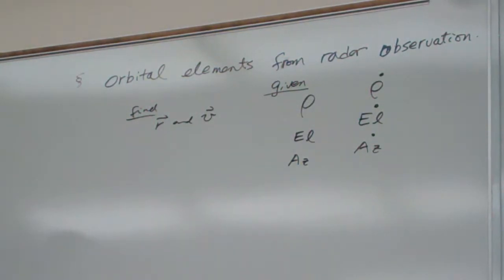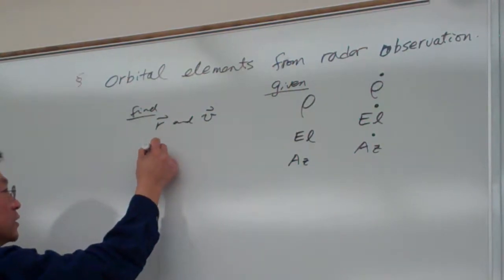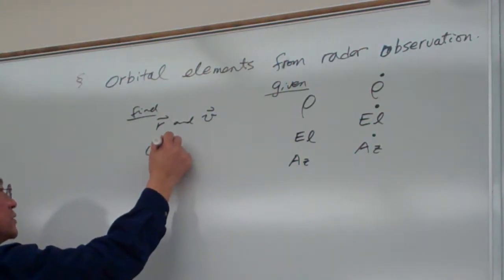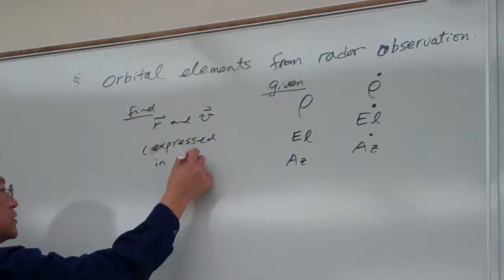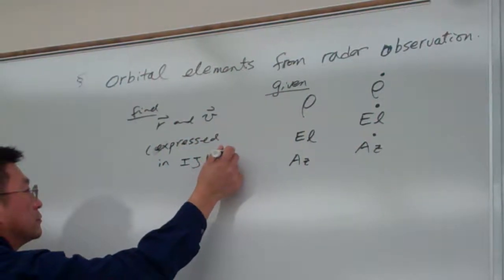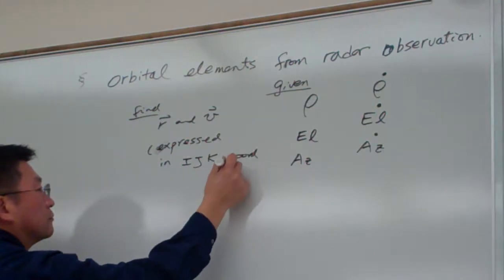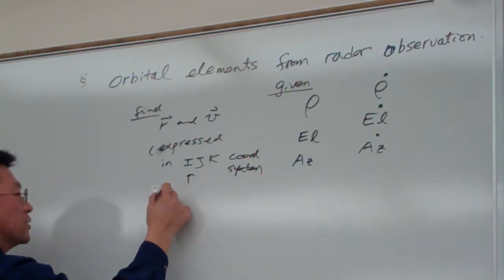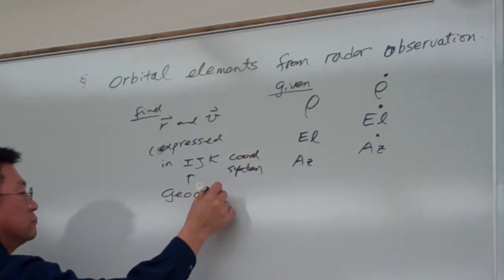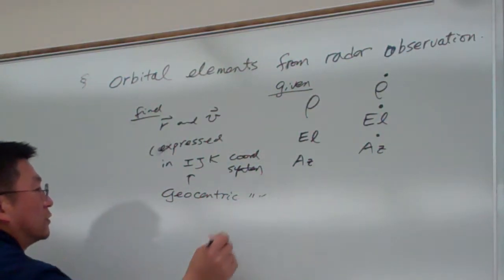Once we have R and V, in particular, expressed in our IJK system. IJK is the geocentric coordinate system. Okay.